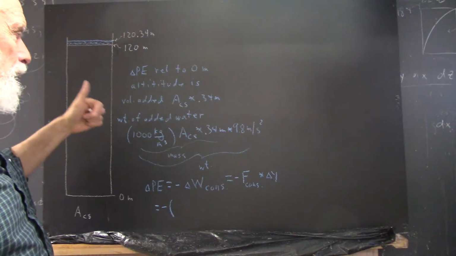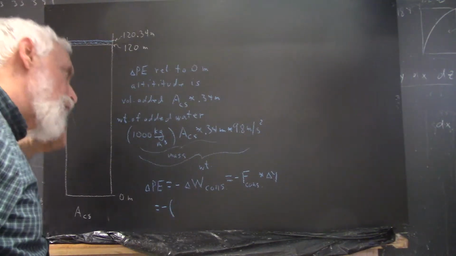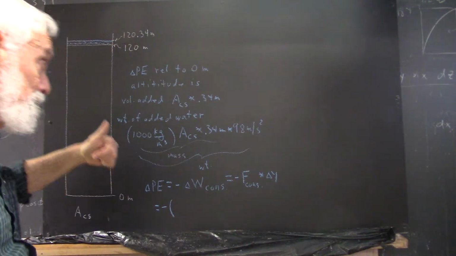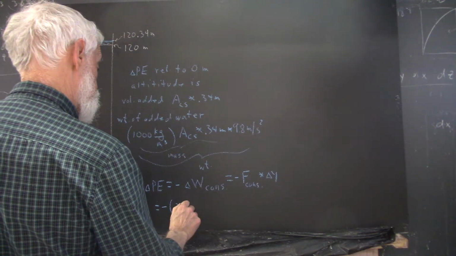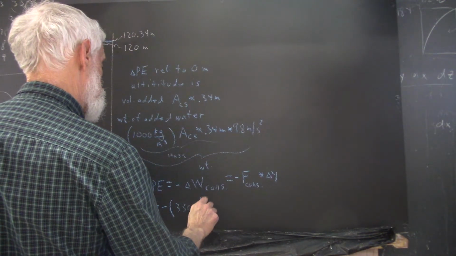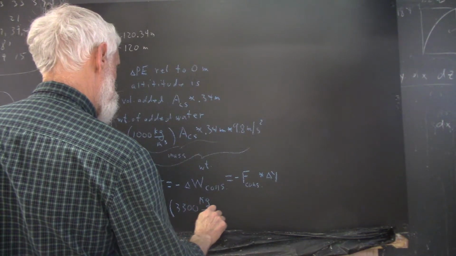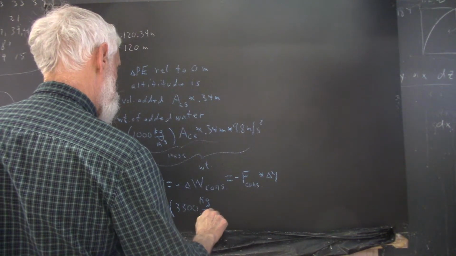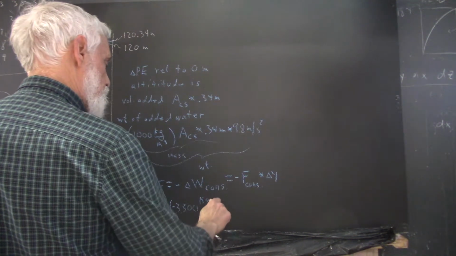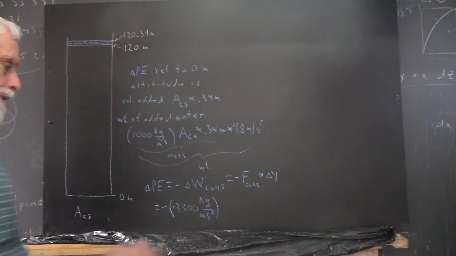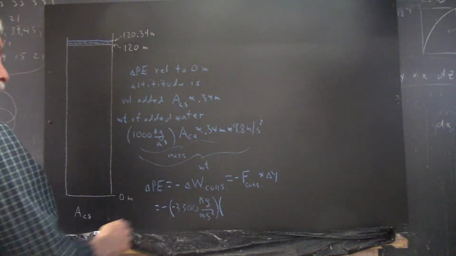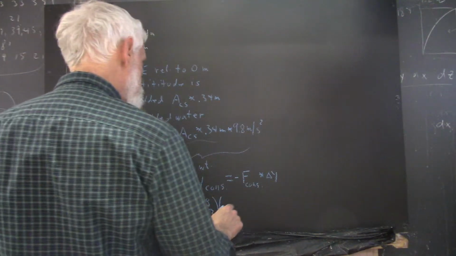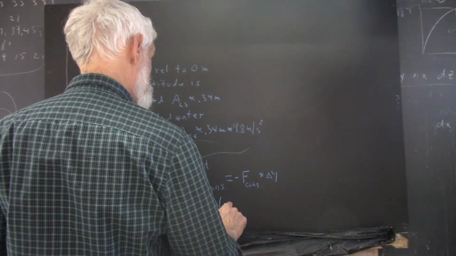That's going to be kilograms over meters, excuse me, second squared. And gravity's acting down, so we're going to make this negative, in other words. And then our delta y is approximately 120 meters.